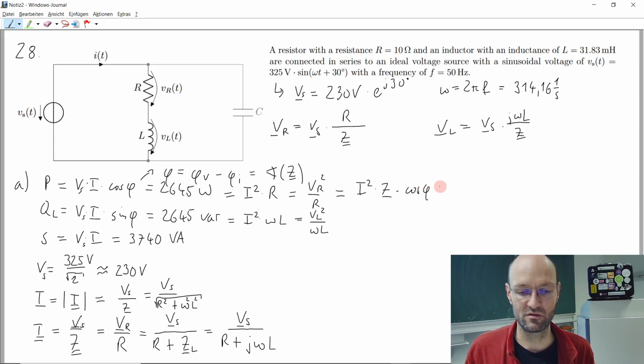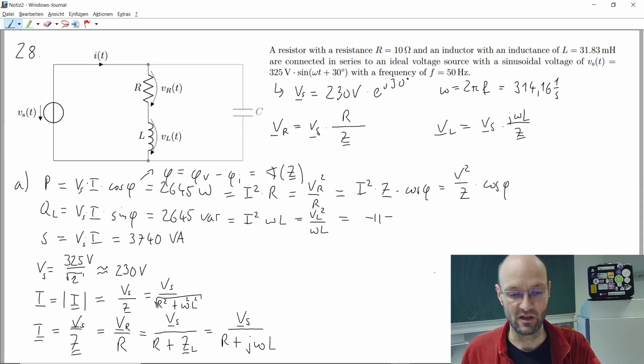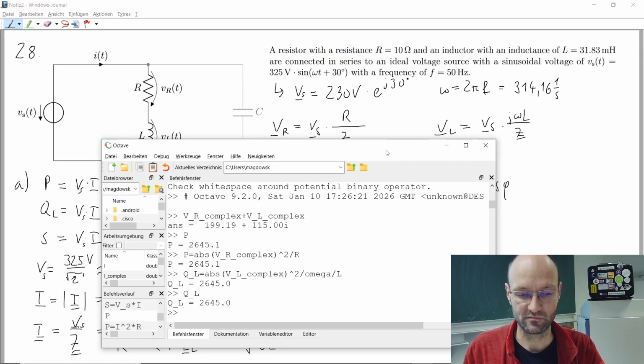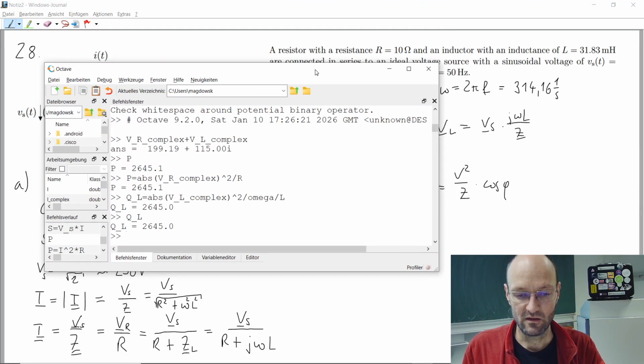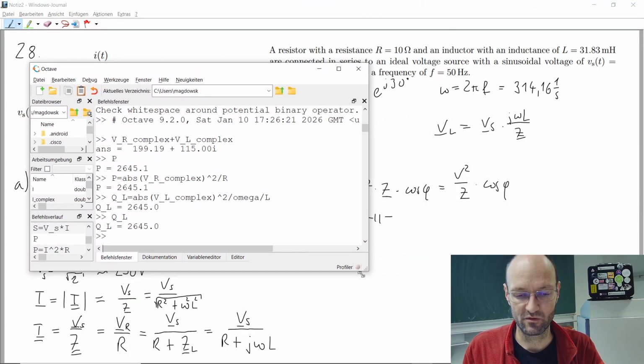Or we could say it's the voltage squared divided by the impedance and then also use the cosine term as before. And I mean similar stuff here. And we can try this out.